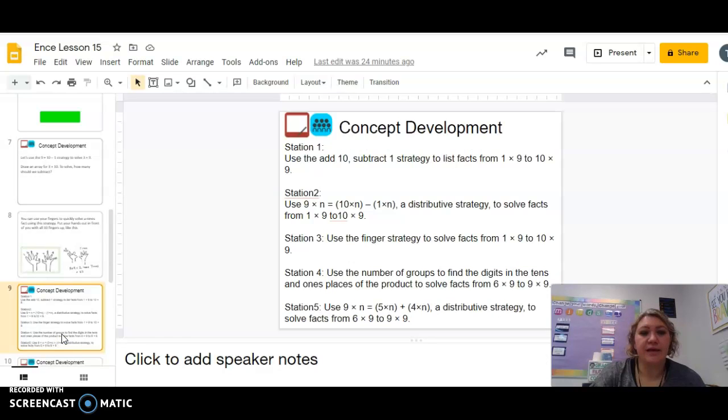All right. There is also that we can use the distributive property. So let's go 9 times a number. Let's do 9 times 4 is equal to 10 times 4 minus 1 times 9.